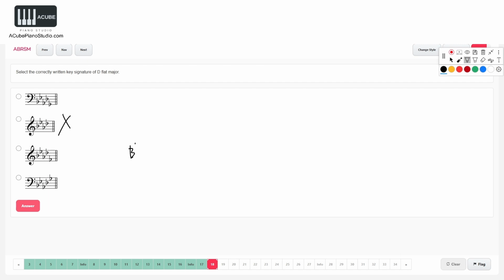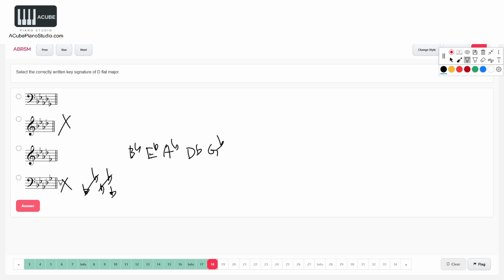Then it's something like this, and you know the pattern. It is definitely not this. It is something like this. Start from here again: first flat, second flat, third flat, fourth flat, and fifth flat for bass clef. So the pattern is wrong for this one.